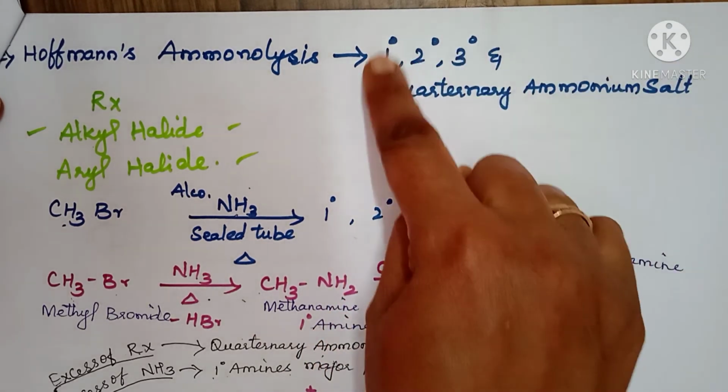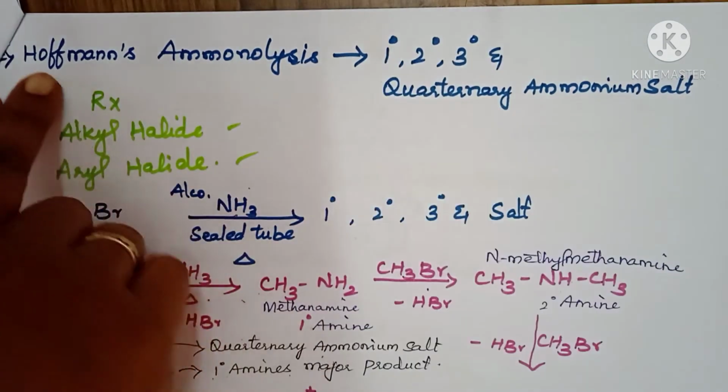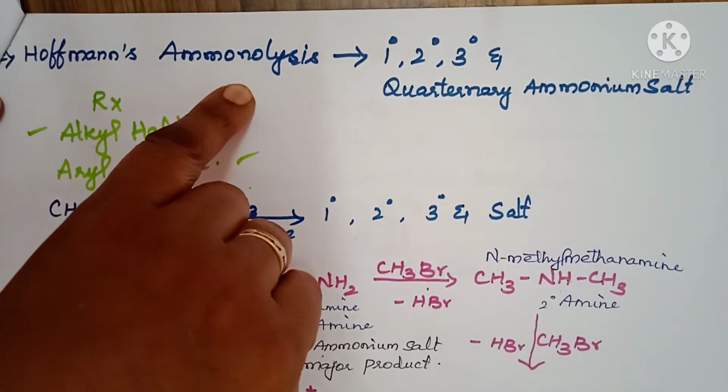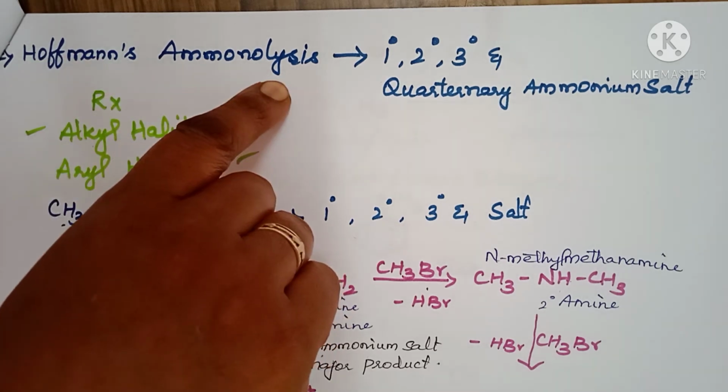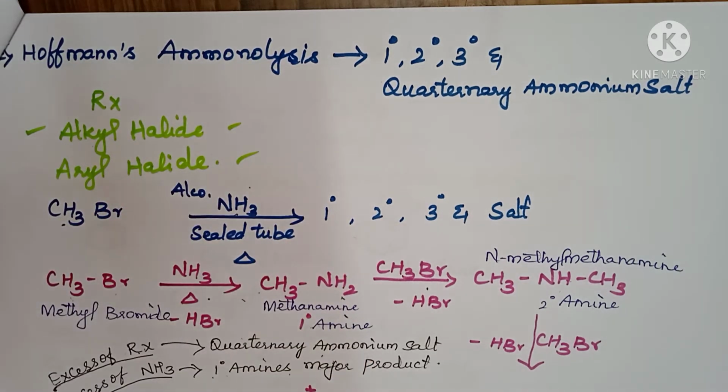We gain all these products from Hoffmann's ammonolysis. Remember these tricks about Gabriel phthalimide synthesis and Hoffmann's ammonolysis, so it will be easy to attend all the MCQs and you will get confidence.